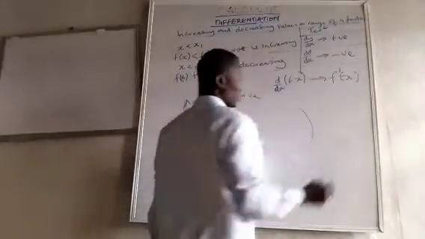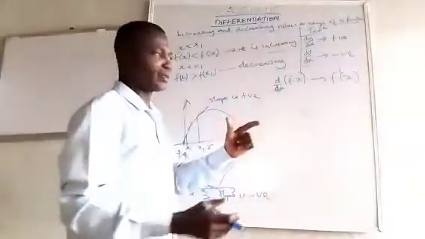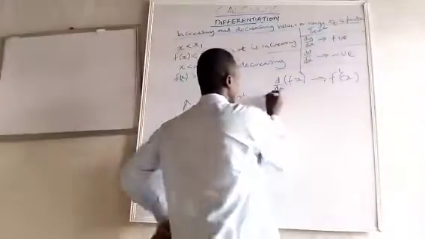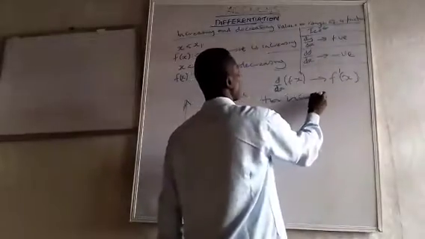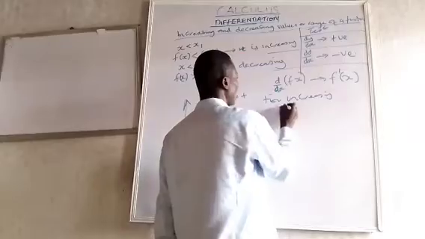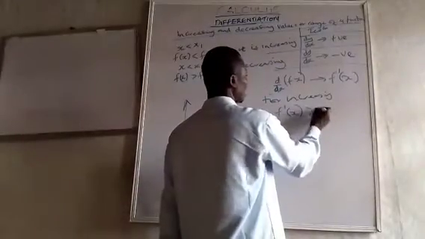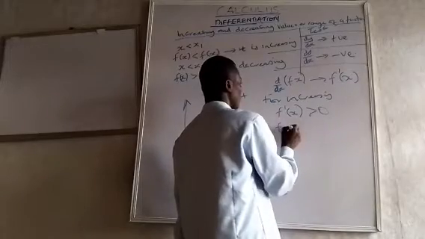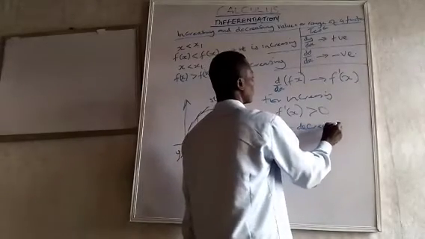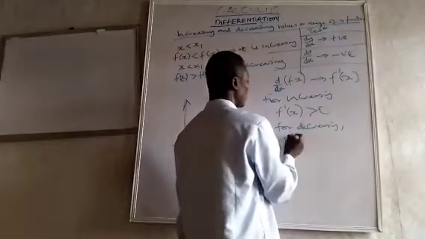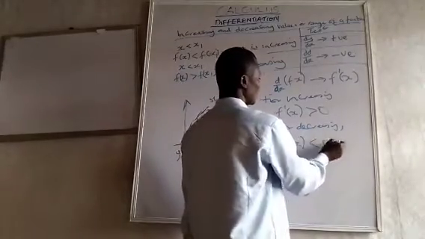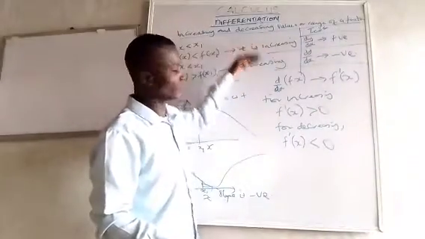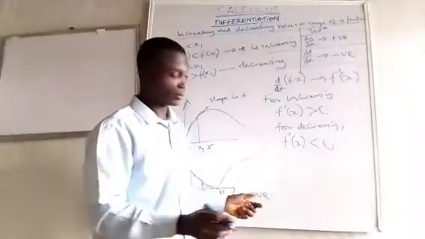If we are going to find the increasing function, we will do f'(x) greater than 0, that is positive. For decreasing, we will do f'(x) less than 0. So the result we get from this range is how we know when it is increasing and when it is decreasing. That's what it is.